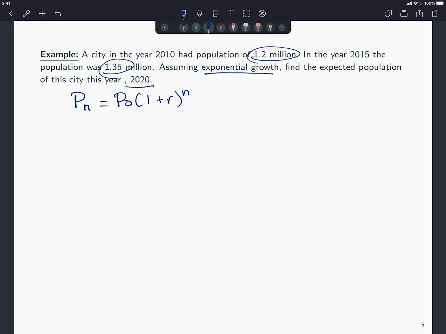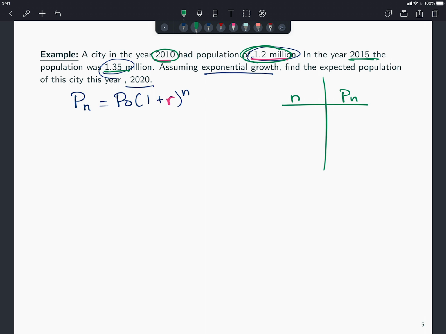A question here is that I don't know who is the r, right? What is given to me are two values. I know that in a certain year, in 2010, I had 1.2 million, and in a different year, in 2015, it was 1.35 million. So I'm going to use this one as my initial value. It's totally arbitrary, right? This is going to be my year 0. So I'm going to have n and Pn.